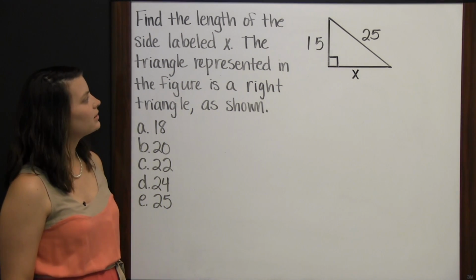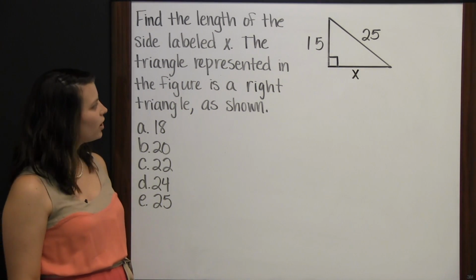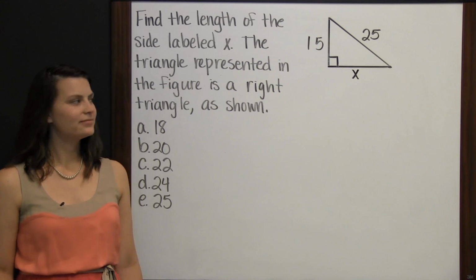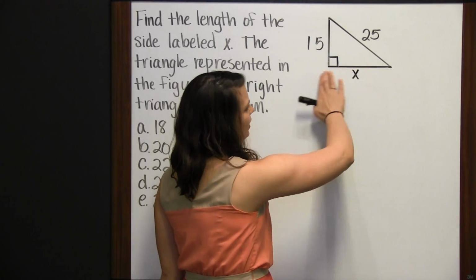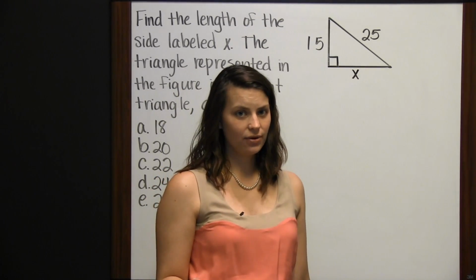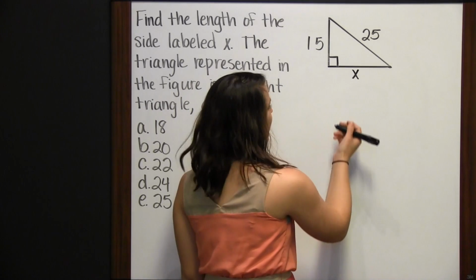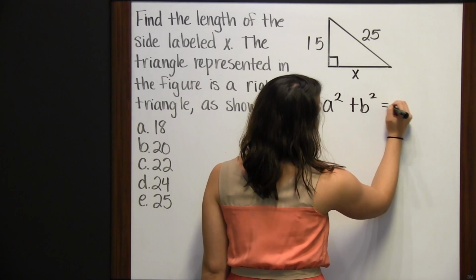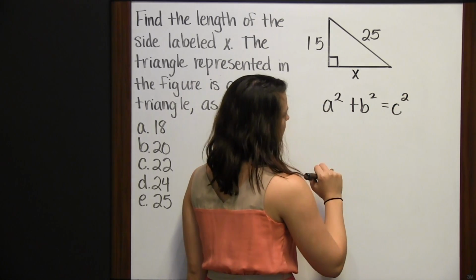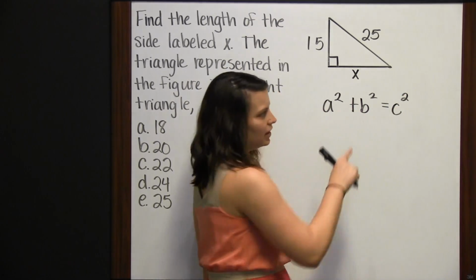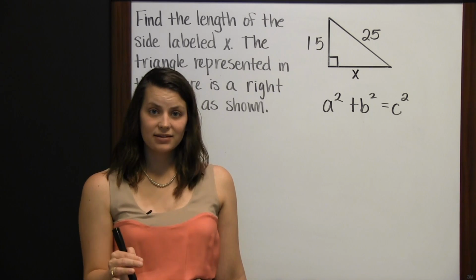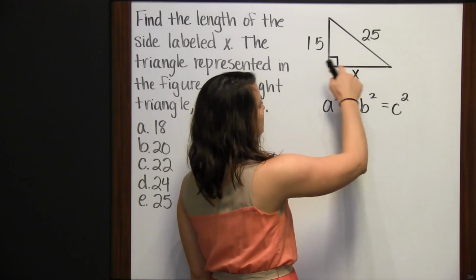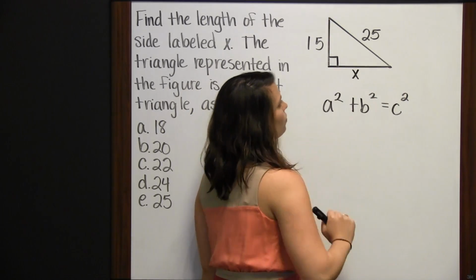Find the length of the side labeled X. The triangle represented in the figure is a right triangle, as shown. To find the missing side of any right triangle, we can use the Pythagorean theorem, which is a squared plus b squared equals c squared, where a and b are the legs of the right triangle, or the 2 sides that form the right angle.